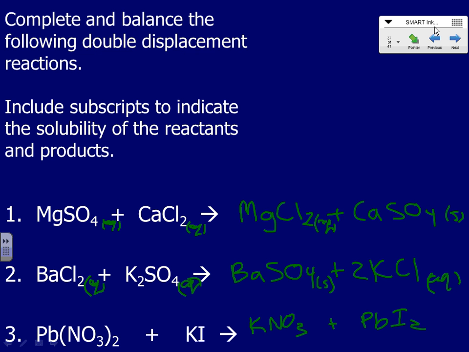What do I need to do with that one to balance it up? Yep. 2. And we already said this is aqueous. This is aqueous. Look at this one.